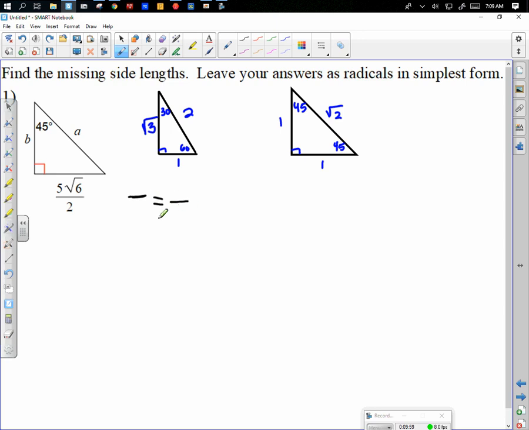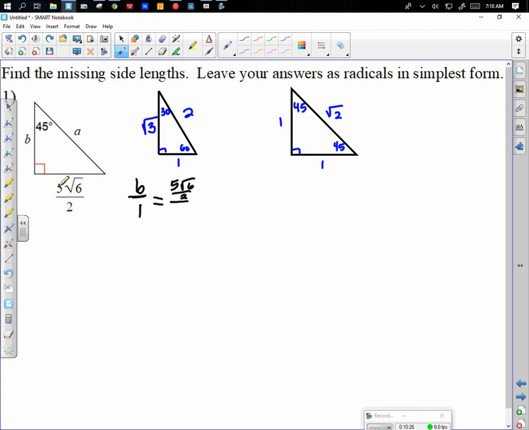So for example, I like to start with what I'm solving for. Let's say I want to find b. So I'm going to do b. Now this side corresponds to 1 over here. Now give me a side that you know over here. You know 5 radical 6 divided by 2.